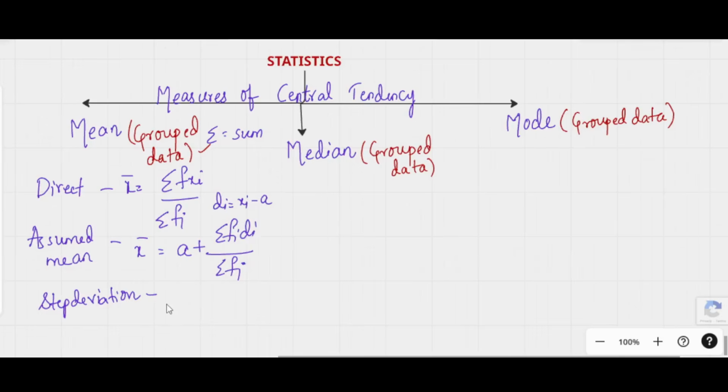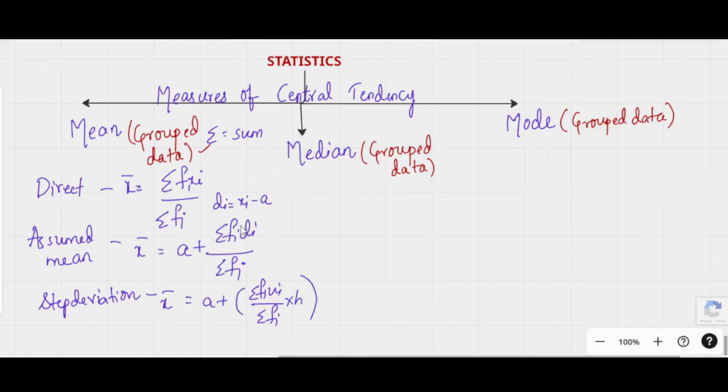Coming to the step deviation method, x bar is equal to a plus sigma fi ui divided by sigma fi, into h. If you see all three methods, first the direct method is simple, that is sigma fi xi by sigma fi. Coming to the assumed mean method, an extra term has been added, that is the assumed mean a.